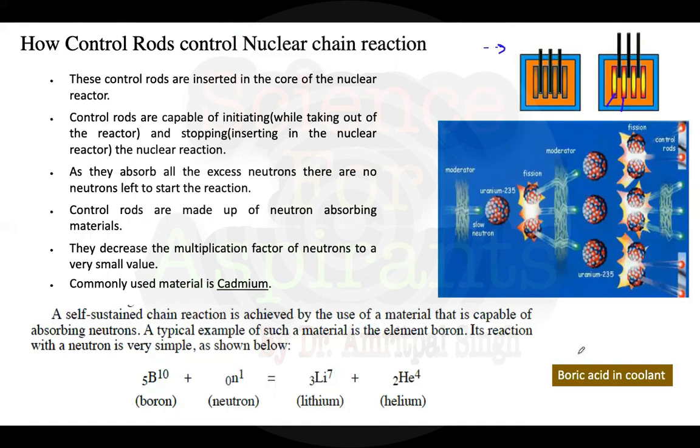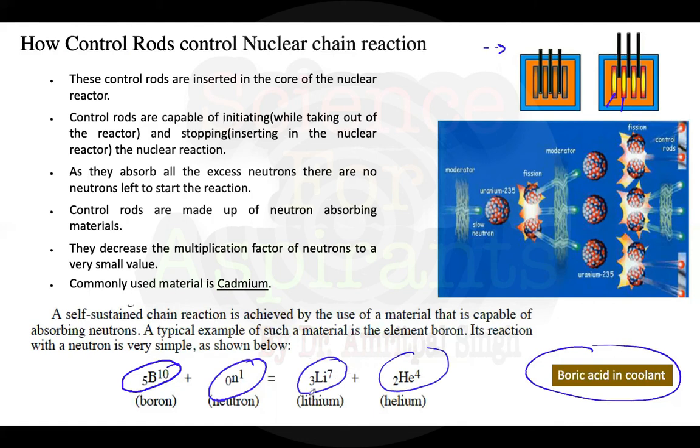The second way, which is very important, is that we can control this nuclear reaction by adding boric acid as a coolant. The extra boron atoms which we have added along with the uranium fuel absorb the neutrons which are being formed, and the boron starts to convert into lithium and helium.